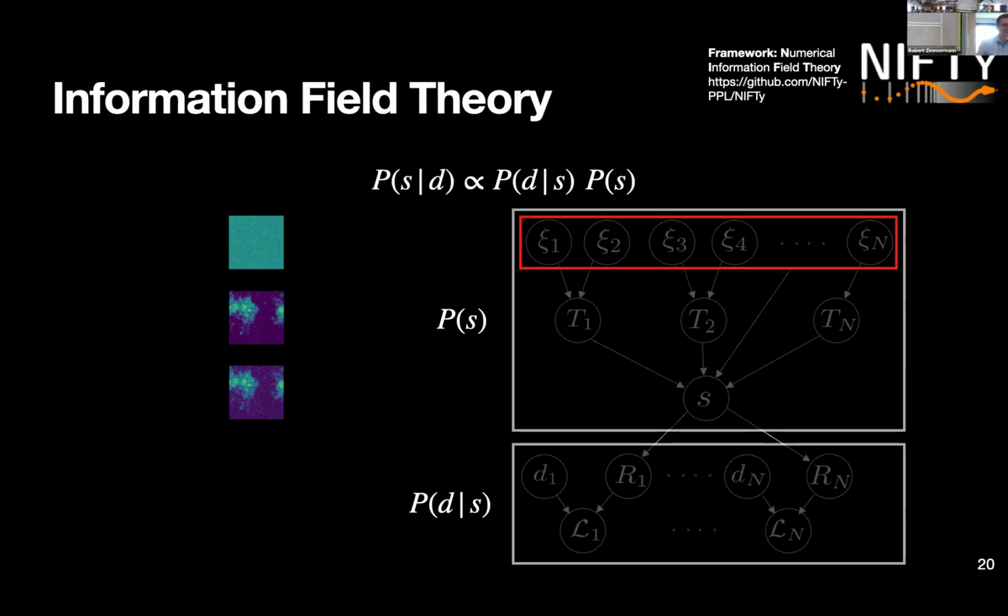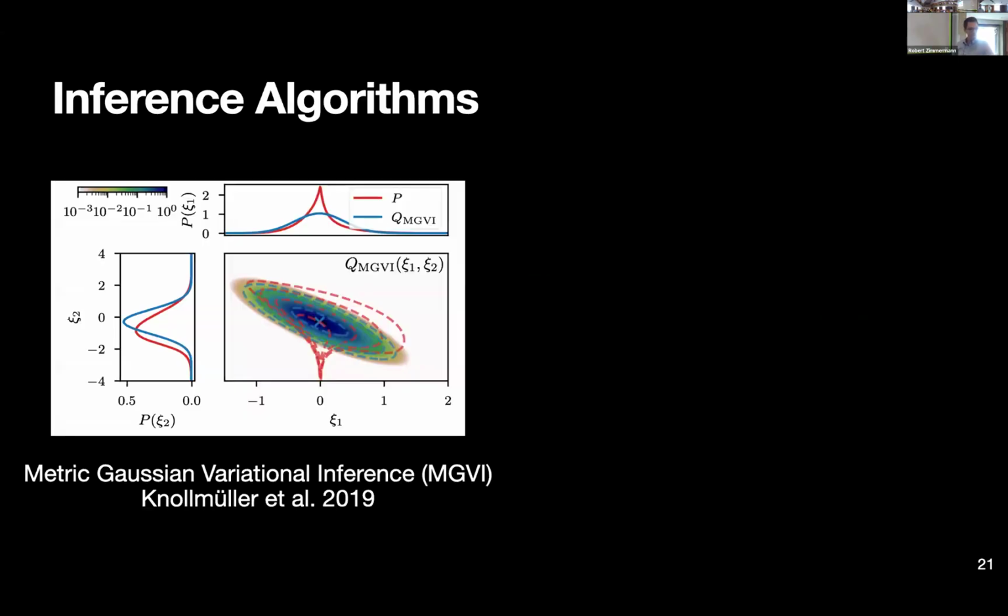Thank you. So one very important thing is that the parameters which we infer in the end are always these S, because given all these S, everything else just flows down the model. And then we use different inference algorithms to get this S. One is MGVI, Metric Gaussian Variational Inference, which approximates the posterior distribution as a Gaussian. So you can see here in red an example for a posterior distribution, and then we approximate this as a Gaussian distribution.